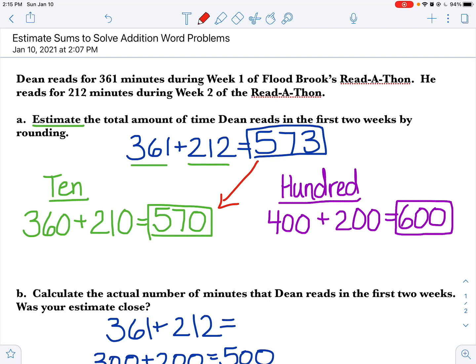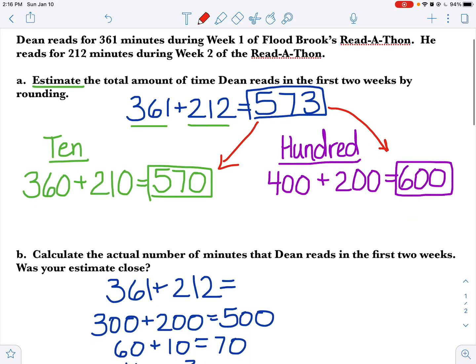Rounding to the nearest 10 gives you a more accurate, a closer estimate. Look at our hundreds. 600. That's pretty close to 573. I know that's actually 27 off, so it's a little further away than our other estimate, but it's still pretty close. Either way, our estimates were close to our exact answer.